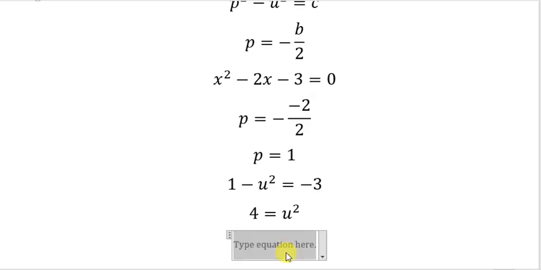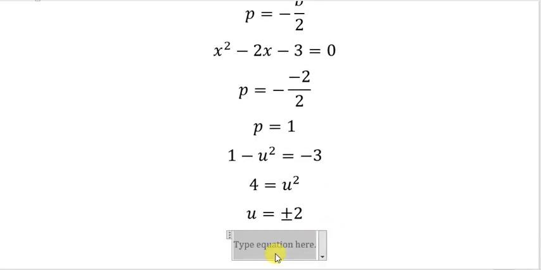The square root of 4 in this case will simply lead us to the value of u, which will be given as plus or minus 2. So u is equal to plus or minus 2.